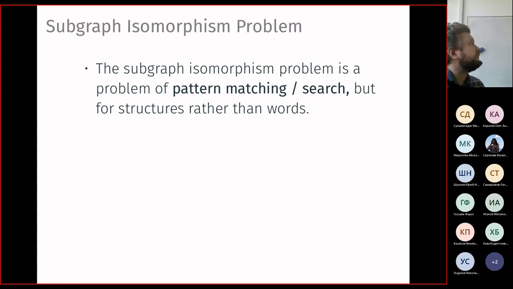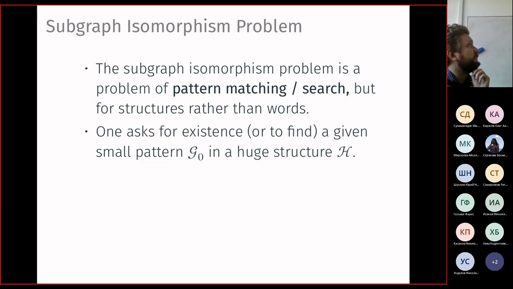We wish to find whether inside this big structural data, there is a pattern which we know. So it's the same as a search question, but it's searching not for words, not for something symbolic, but it's searching for graph theoretic patterns.